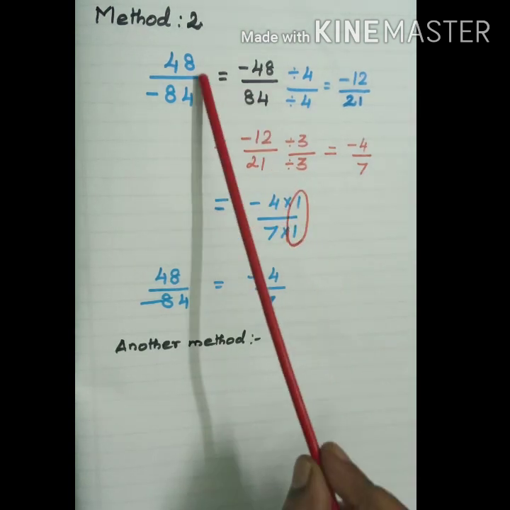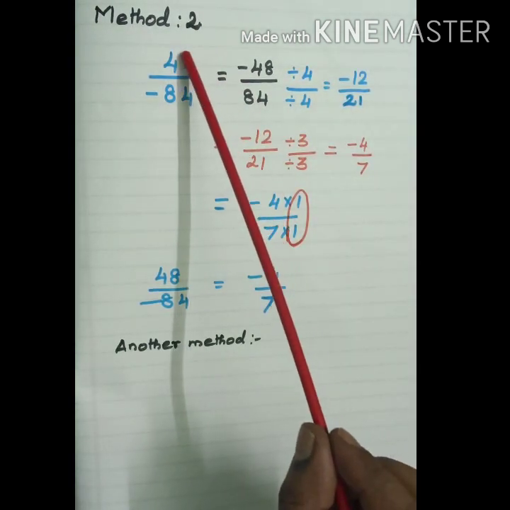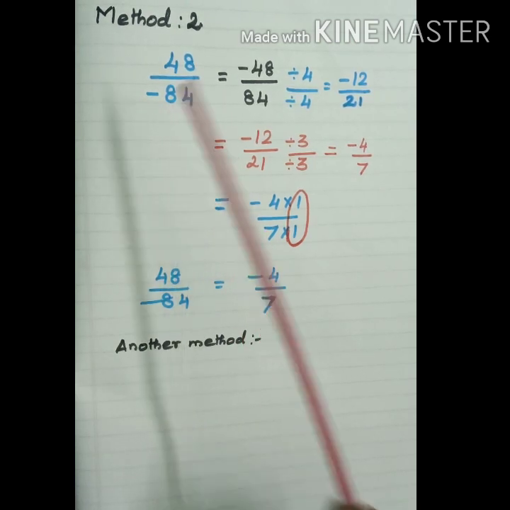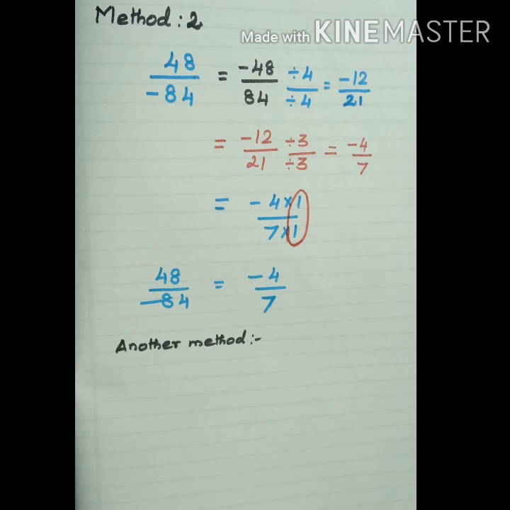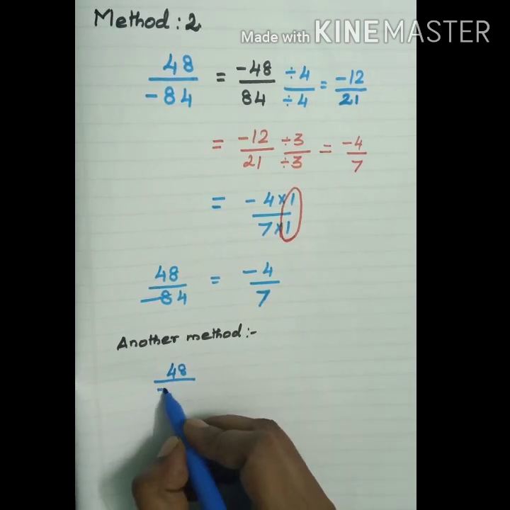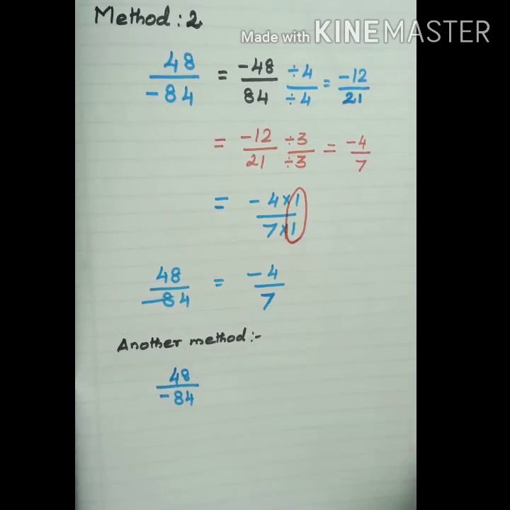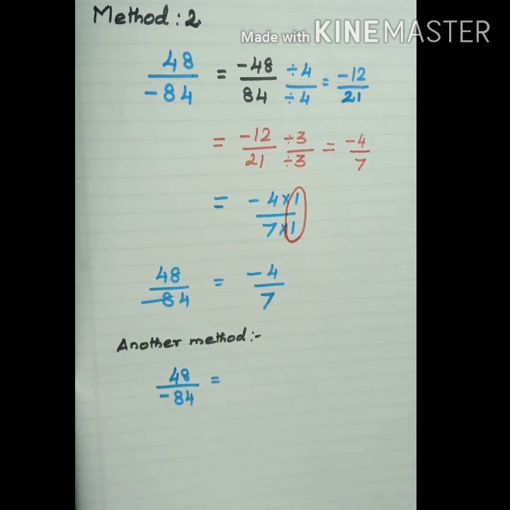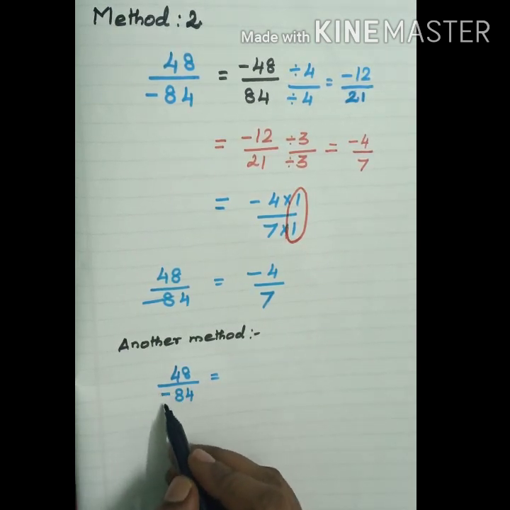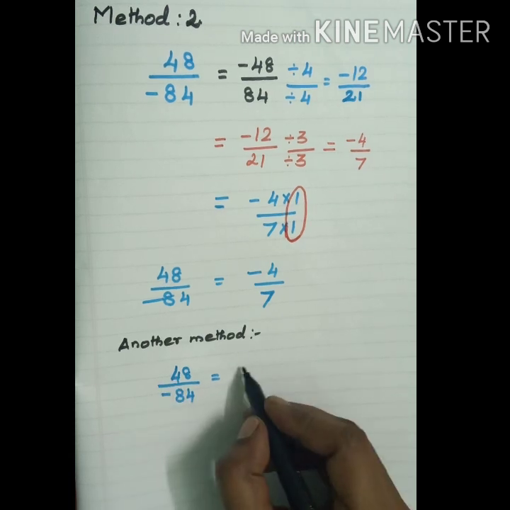The same sum, 48 by minus 84, can be solved by another method. Listen, here the denominator is a negative integer. So, change the negative sign to the numerator.